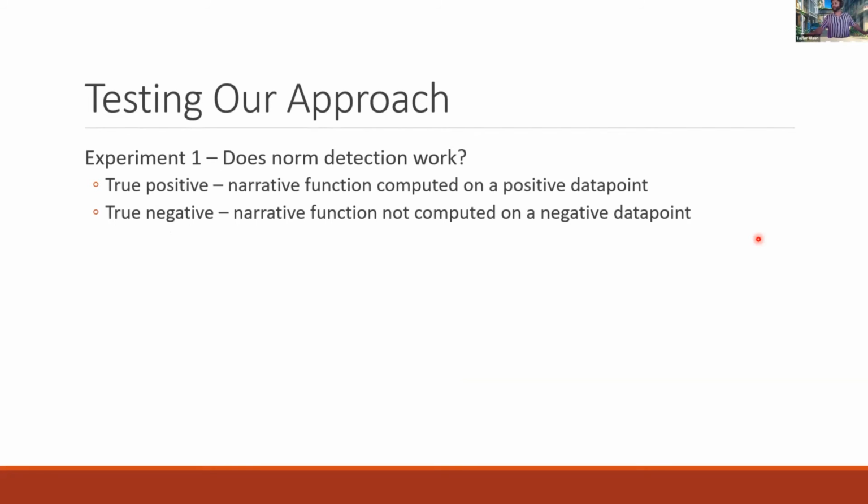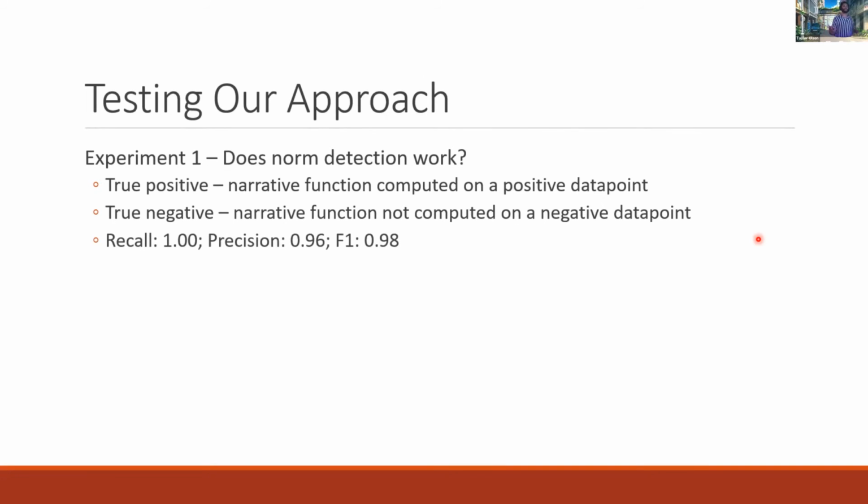Okay, so to test, we ran 2 different experiments. First, we were wondering if norm detection works, i.e., are narrative functions computed when they should be, right? Are speech acts detected on the actual sentences that do introduce norms? And then are narrative functions not computed on sentences that do not introduce norms, on the sentences from Wikipedia?